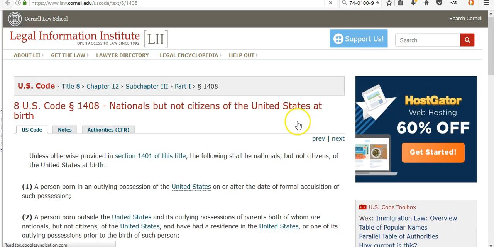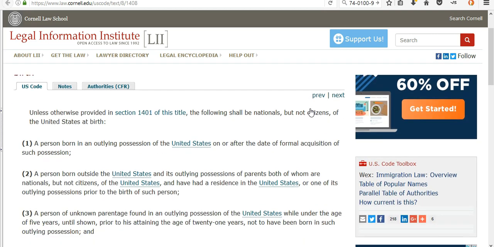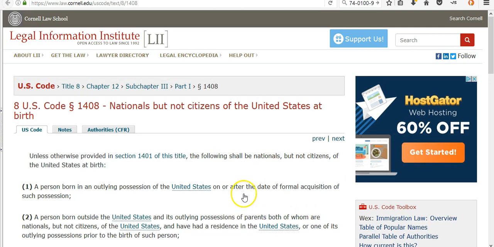Okay. Nationals, but not citizens of the United States at birth. Oh, that's all that means then. They must be talking about people coming from outside the country, who were born literally physically outside the country. Let's verify that.